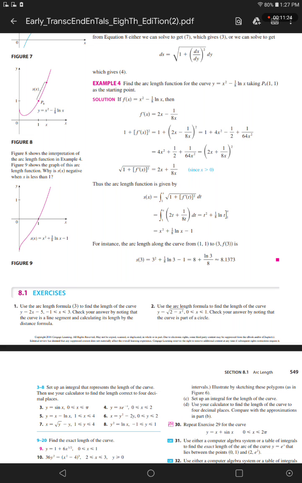Figure 9 shows the graph of this arc length function. Why is s(x) negative when x is less than 1? s(x) = x² + (1/8) ln x - 1.